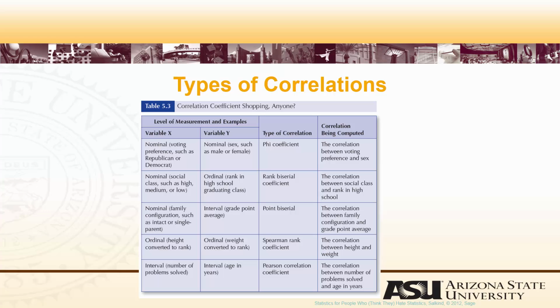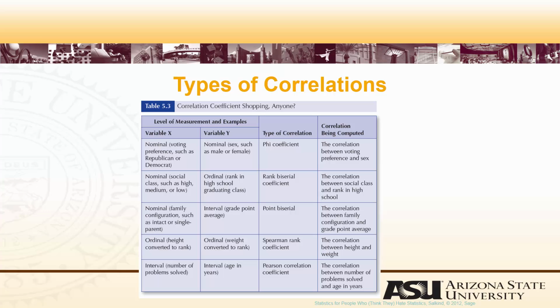So there are different types of correlations between variables x and y, depending on whether we're looking at continuous or nominal or ordinal or different types of variables. So this table is from the book, and I think it actually helps clarify things a lot.